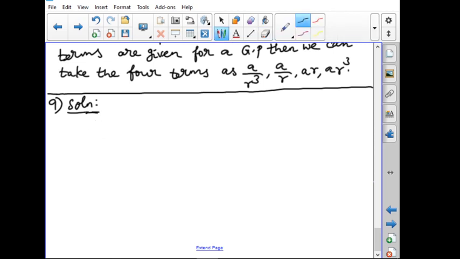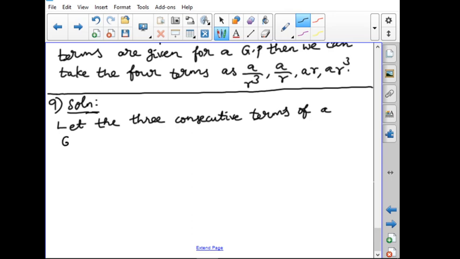You have to write like this: let the three consecutive terms of a GP be, the first note, three consecutive terms means A by R, A, AR. This is the first term, second term and the third term. So we have to assume like that.